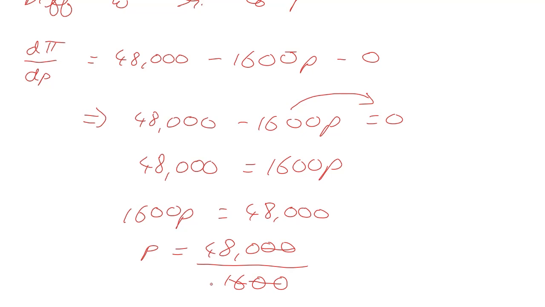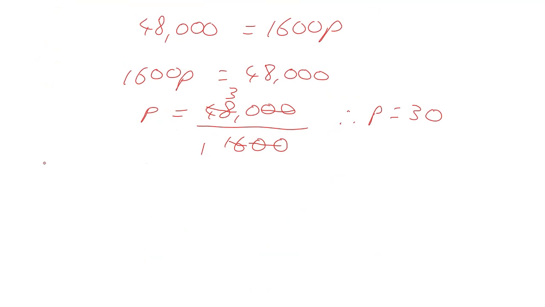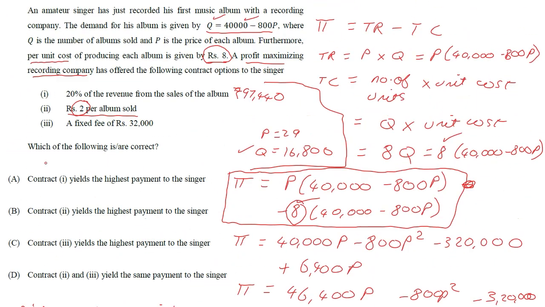These two zeros get cancelled. 16 ones are 16 and 16 threes are 48. Therefore, I'm going to end up with P is equal to 30. So if P is equal to 30, then what about Q?